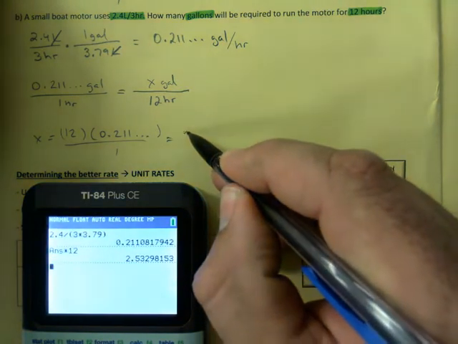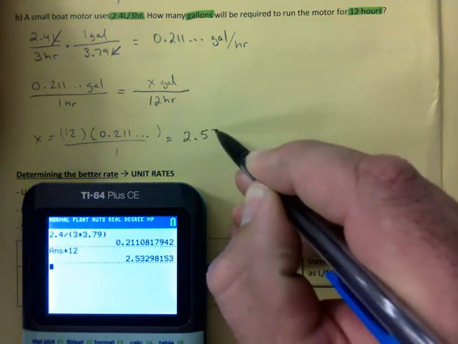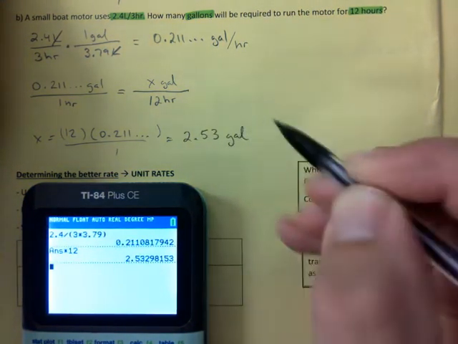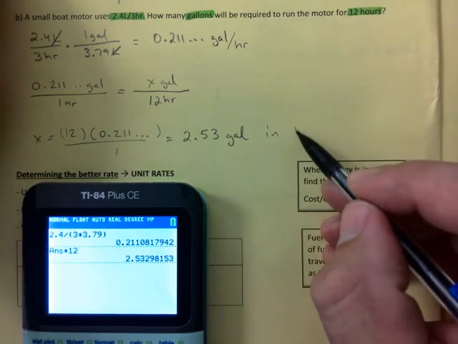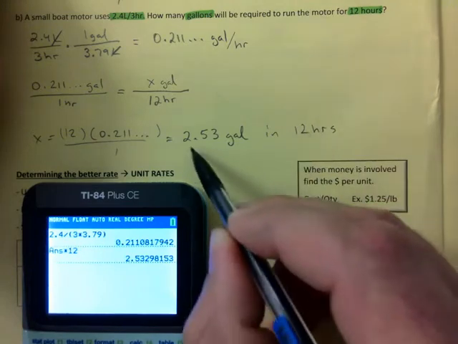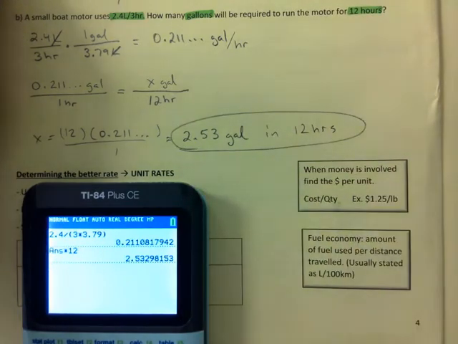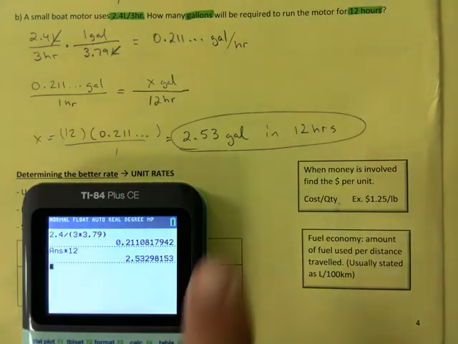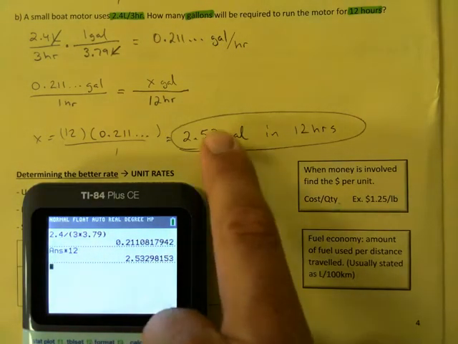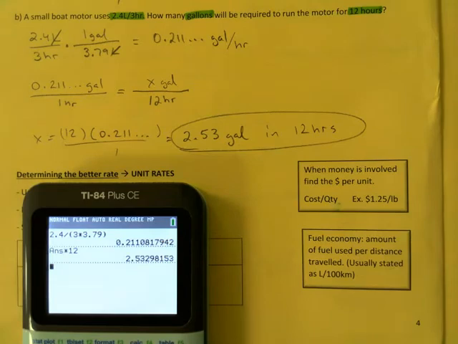So the answer is 2.53 gallons in 12 hours. And remember, a gallon has 3.79 liters, so it does make sense that you would need this many gallons in 12 hours, right?